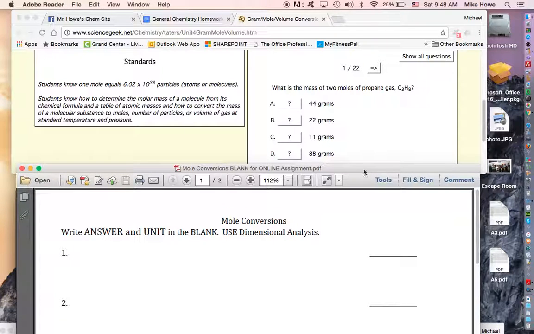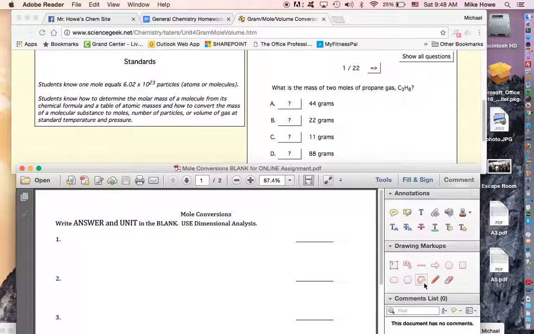In this particular problem, we're going to start with our 2 moles of C3H8. The way we're going to convert is to multiply by 1, which sounds kind of crazy, but there are lots of ways to write 1.